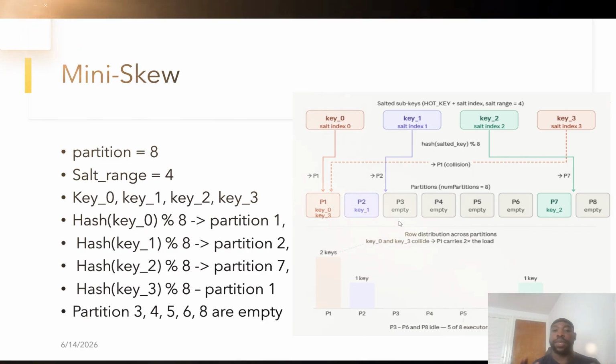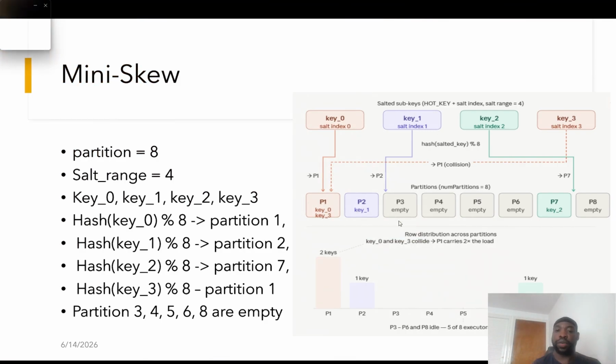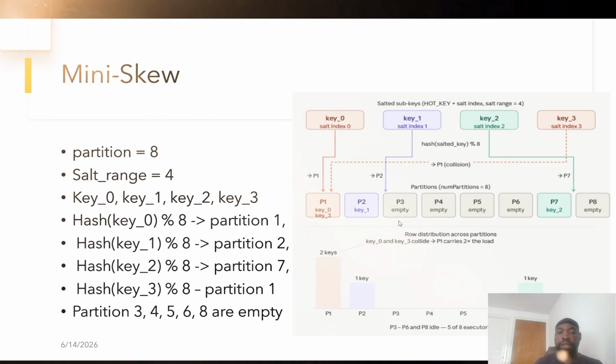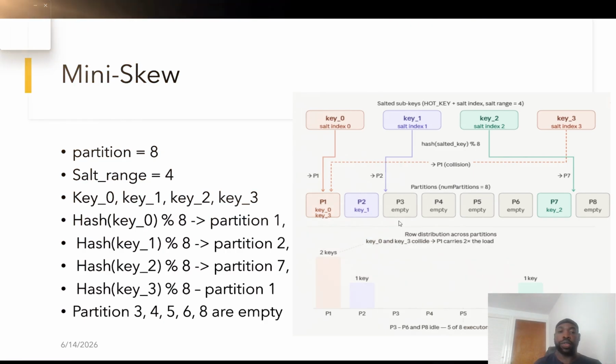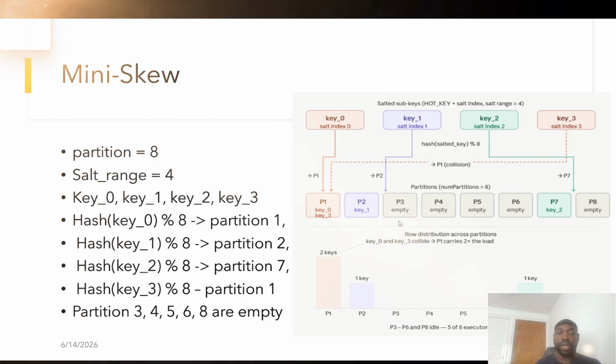So to avoid mini-skew when you are using the sorting optimization technique, always look for a prime factor and prime number. For example, if you've got a partition of 8 and you use 5, that is okay, but you want your sort range to be equal to or greater than the number of partitions within the cluster.